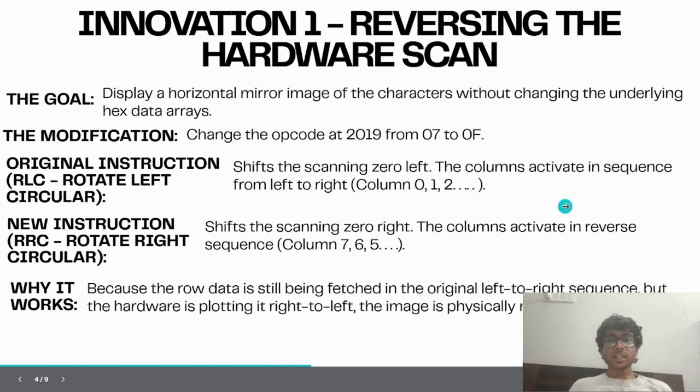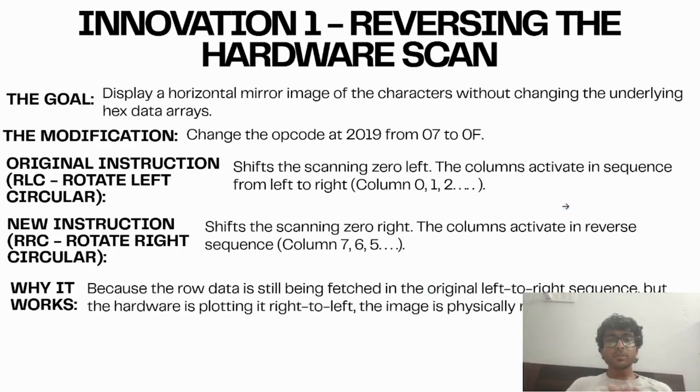Now, the first innovation that I did for the LED matrix was reversing the hardware scan. Originally, the data that was fetched from the microprocessor was in the original left to right sequence only, so the A, B, and C were shown in the normal way.